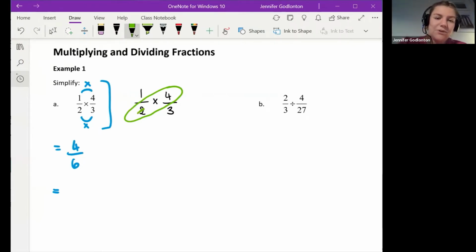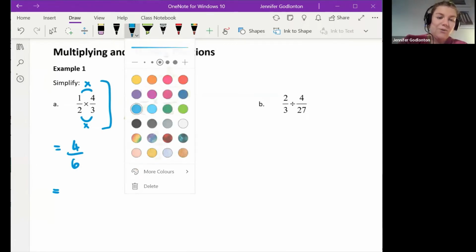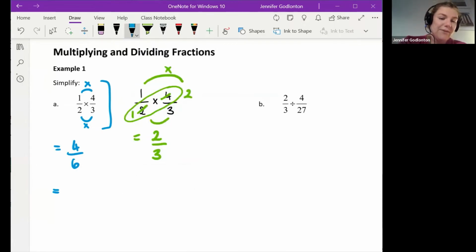So for example, 2 can go into itself once and 2 can go into 4 two times. And then we multiply our top and our top. So 1 times 2 is 2 and 1 times 3 is 3. And if I was to finish this one over here, 4/6, if I was simplifying, if I divided both of those by 2, I would also get 2/3. So I end up getting the same answer.